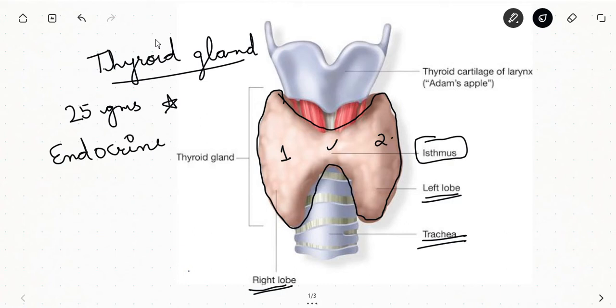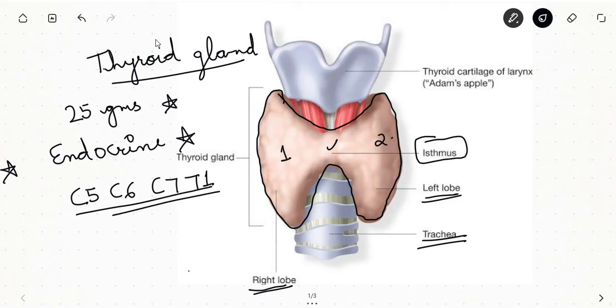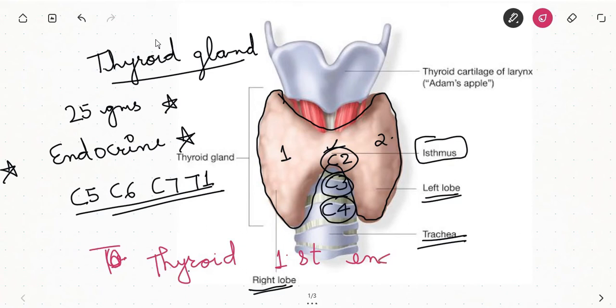Other thing that you have to remember is thyroid is an endocrine gland. Thyroid is an endocrine gland that is present in the midline of the neck against the vertebra, that is C5, C6, C7 and T1 vertebra. And it lies in front of the tracheal rings, that is C2, C3 and C4.